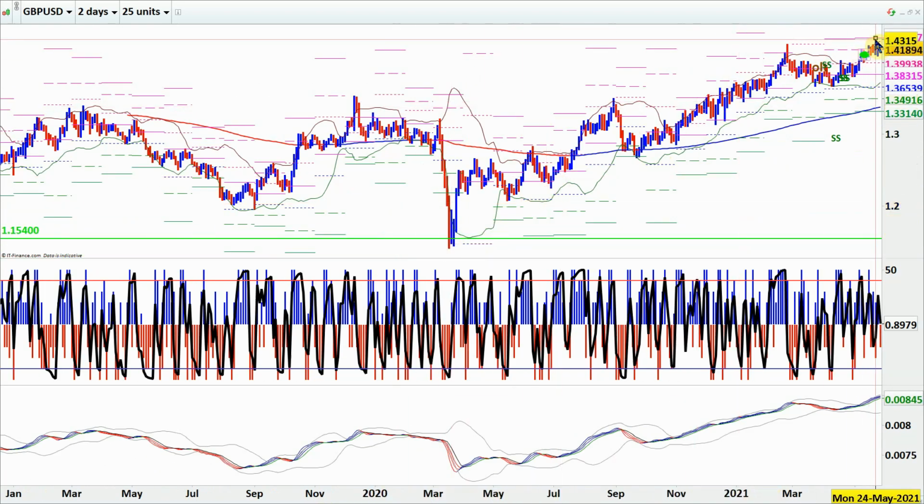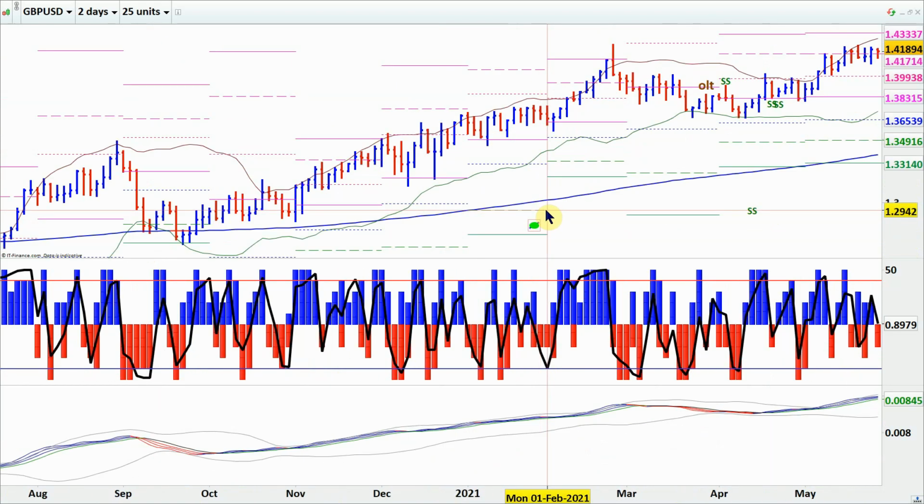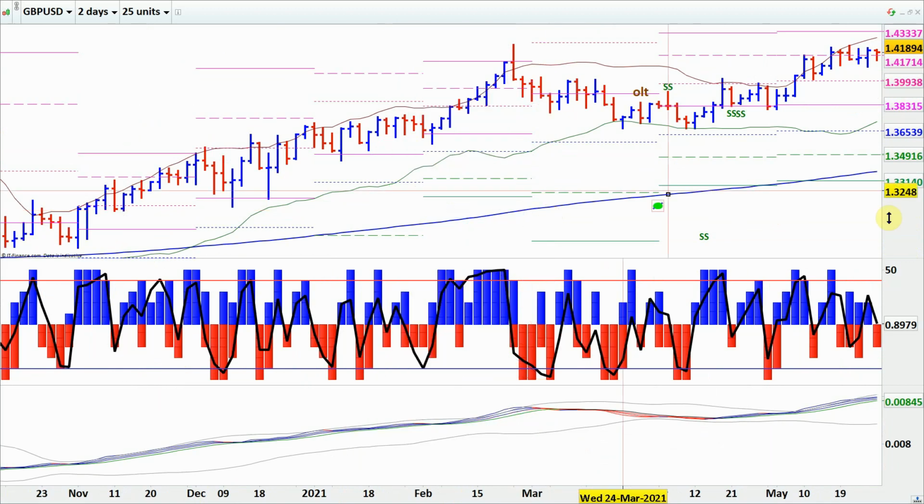Yes, it is uptrending, because it is above 200, bounced from 200, and then bounced from 115.40. So what next question comes? What is an oversold condition in an uptrending market?